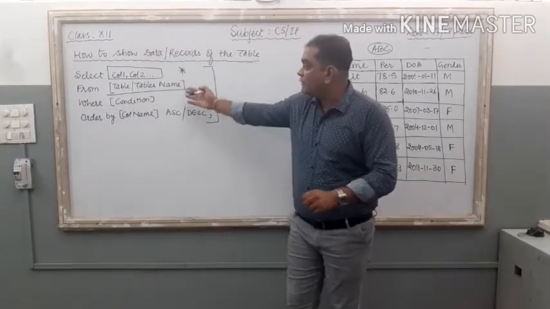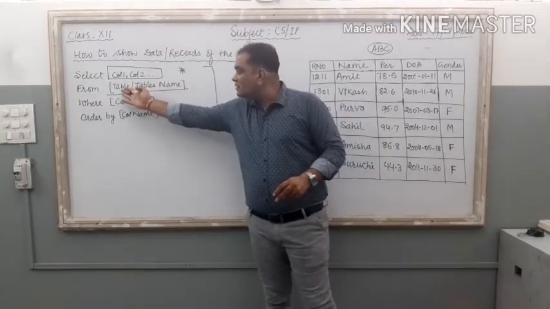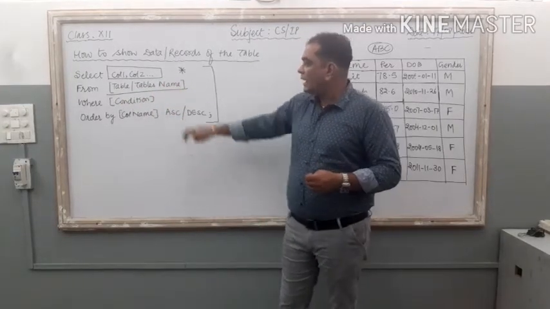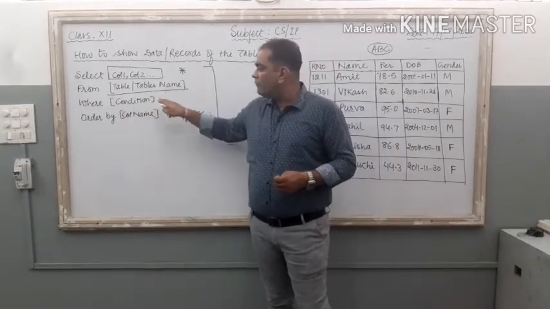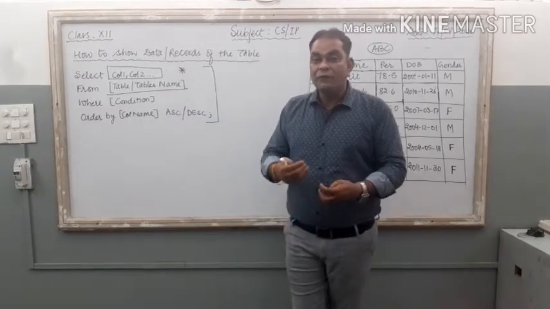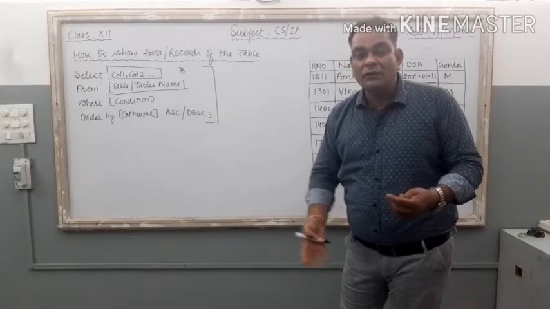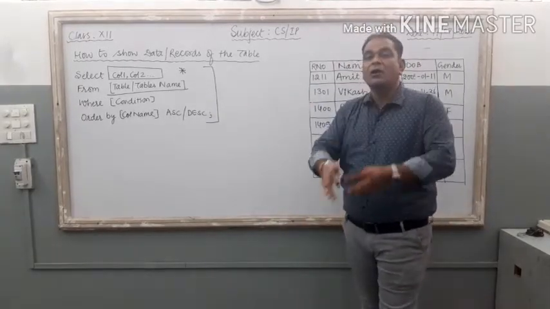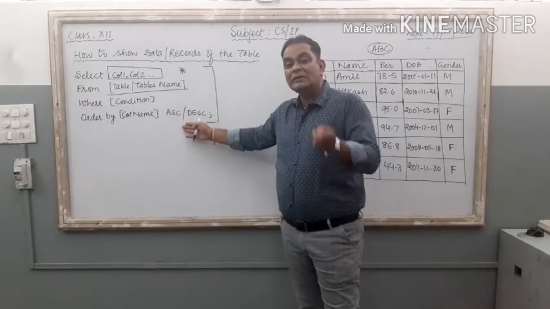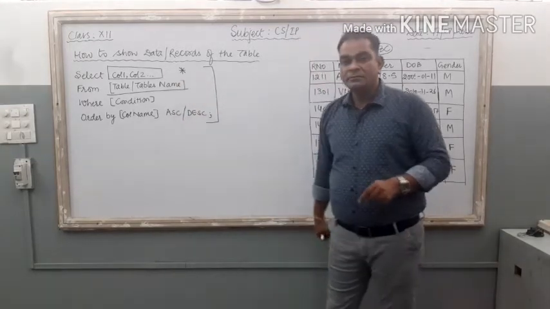So with the from you can write a single table name or you can write multiple table names. Done. In the third line, where with a condition. And in the fourth line, order by. If you want the data of the table to appear in ascending order or in descending order, it is also applicable. Order by is also attached with the select command.